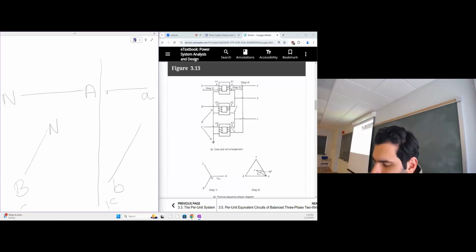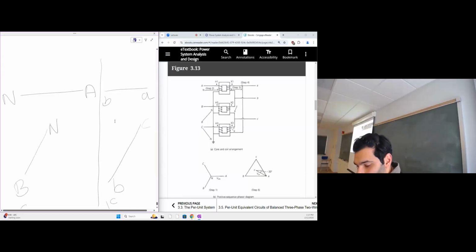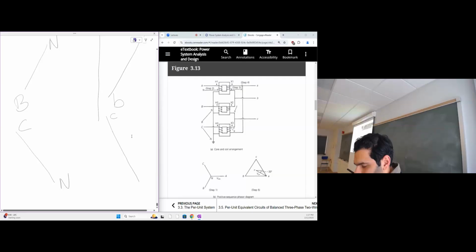Yeah, I think we can see that it's B, but I'll prove it in some other way now. What about this thing here? C or A? C. What about the third one? A.